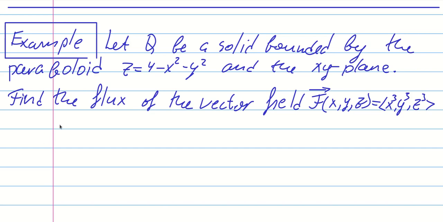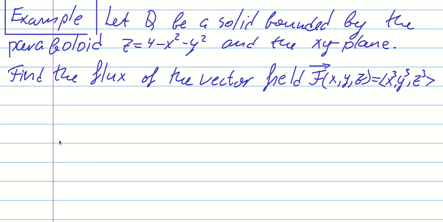So what kind of picture do we have in this case? If we factor out the minus, it's just x squared and y squared, and it's 4 minus this quantity, so basically it's an upside down paraboloid. We achieve the value 4 when we plug in x equals 0 and y equals 0. So our picture looks something like this.